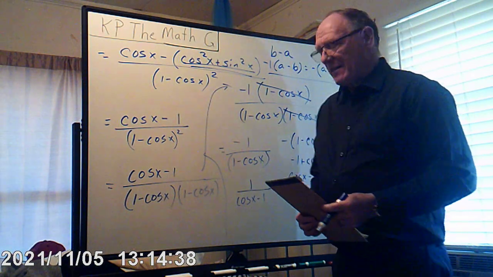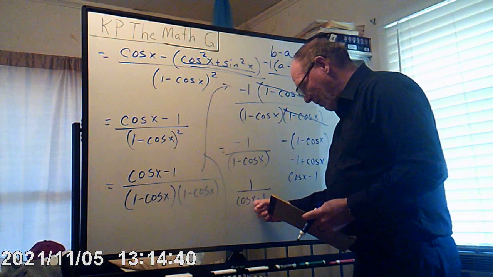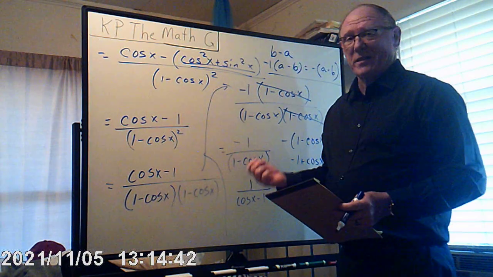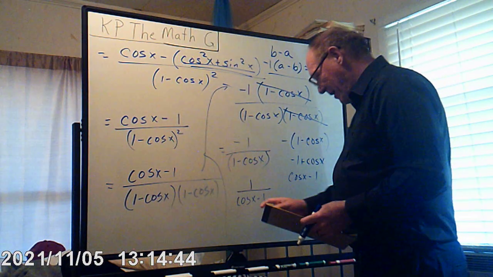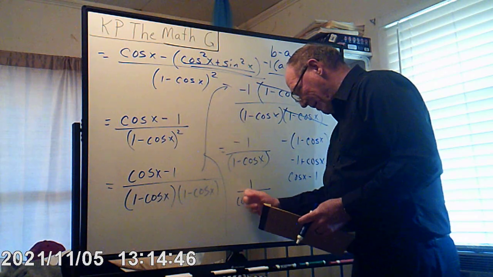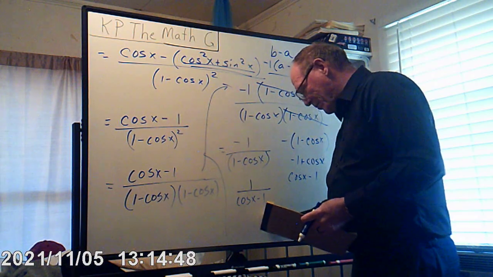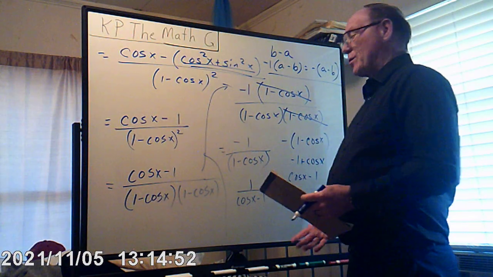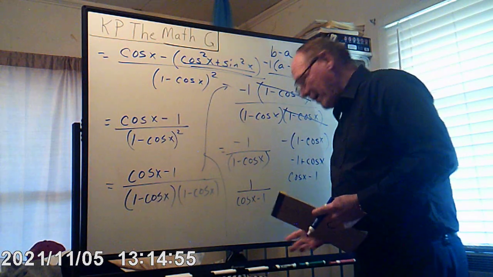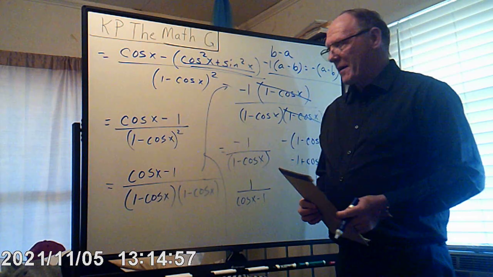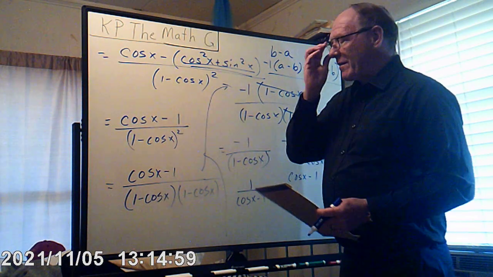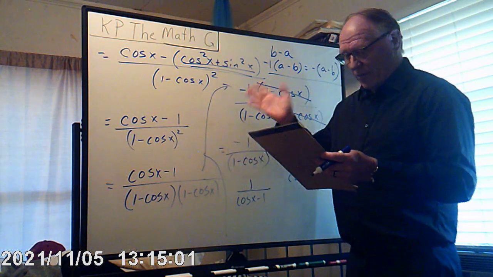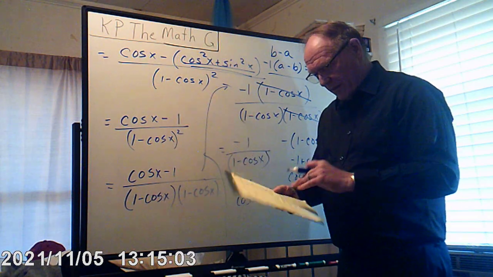Of course, we've got to be careful what x is, because x is in the denominator, and if 1 minus cosine x is 0, we don't want that denominator to be 0. So we have to restrict what we pick for x here. Anyway, that is the derivative.